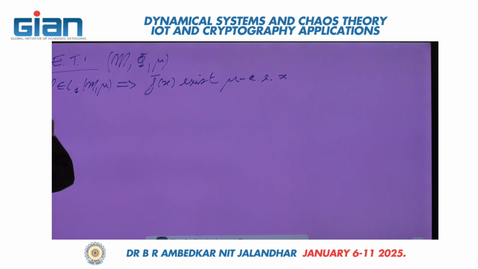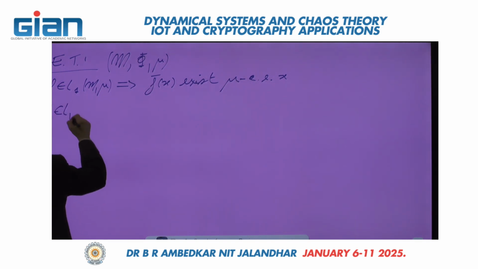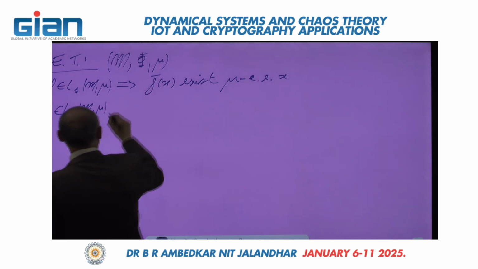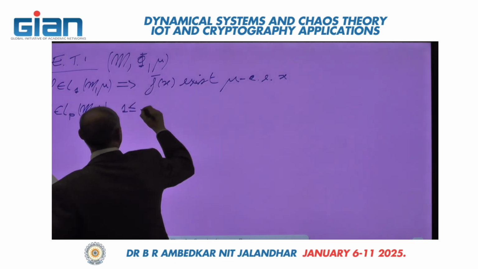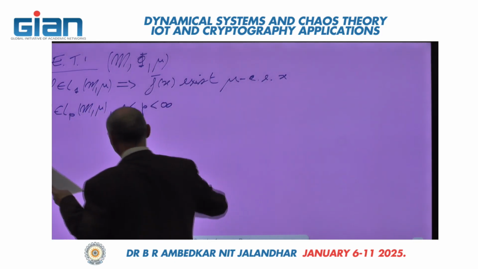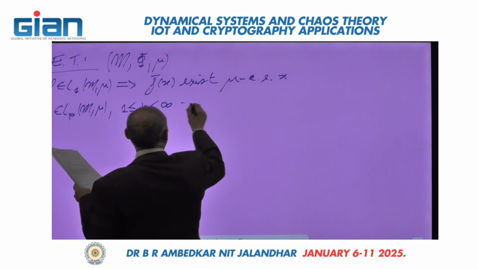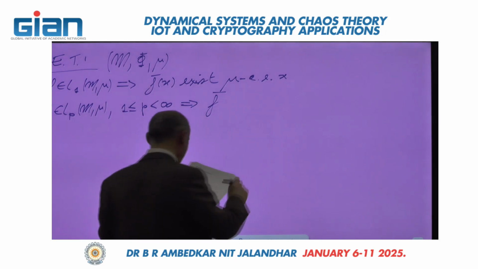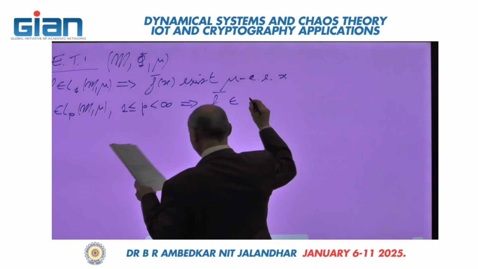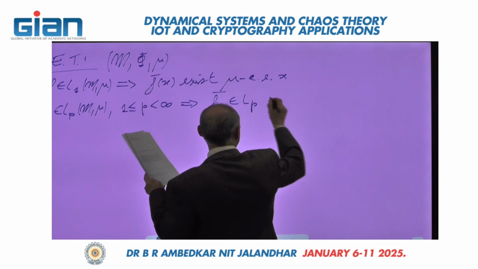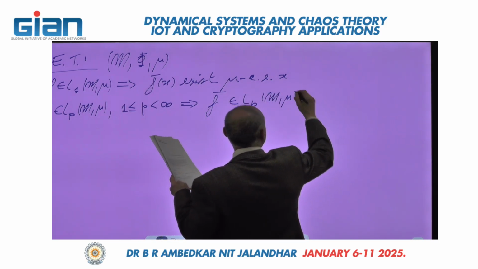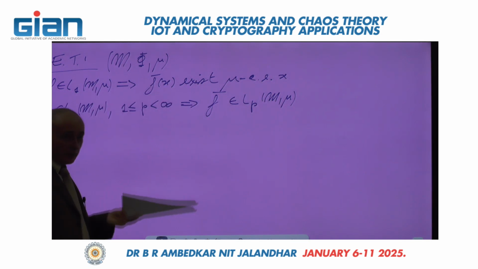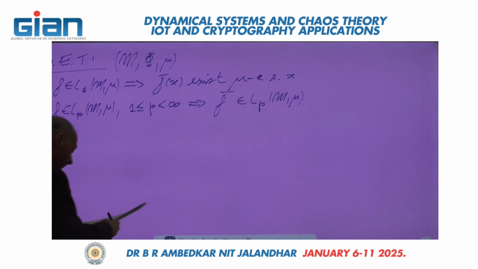B. f in Lp of M and mu, okay, with 1 less or equal than p less than infinity, implies that not only the time average exists, but f time average belongs to Lp. Now, you remember that the time average depends on the initial condition, x. Okay? So it is a function.